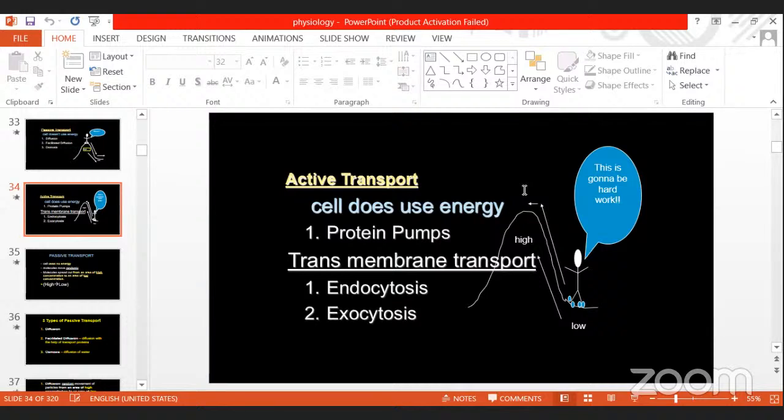So if we think of energy-using and energy-devoid types of transport, primary active transport and secondary active transport are the only transport mechanisms which use ATP or energy for their movement.